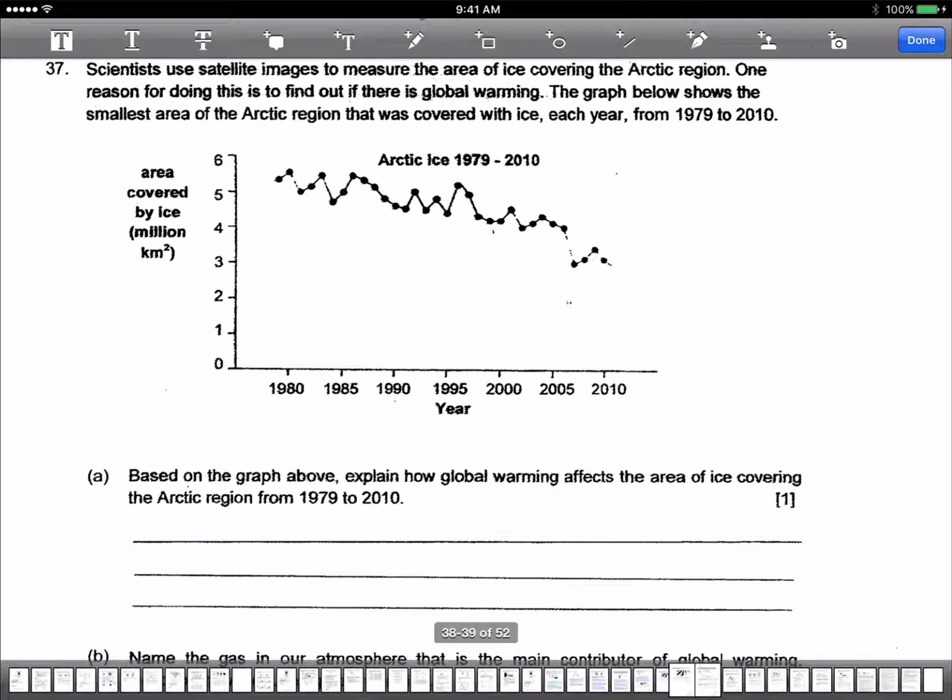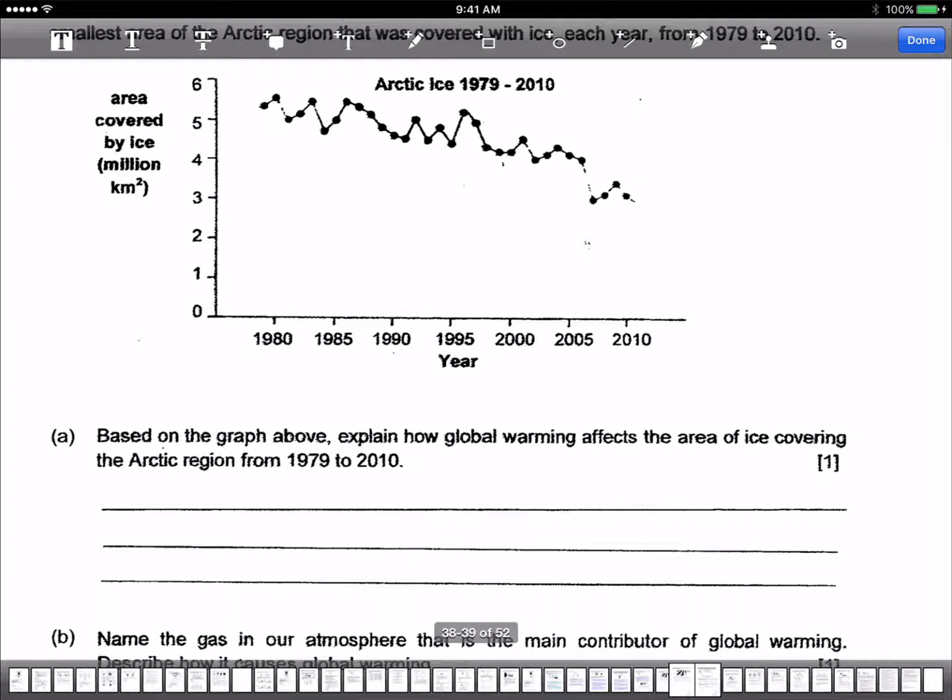What happened to the area covered by ice according to the graph? Decrease, right? You can see the area decrease. So based on the graph, you have to explain how global warming decreases the area of ice. So is it a relationship? Yes. How did it decrease?